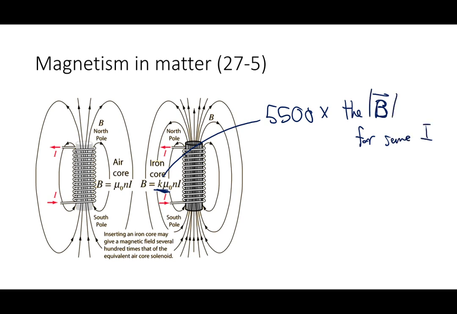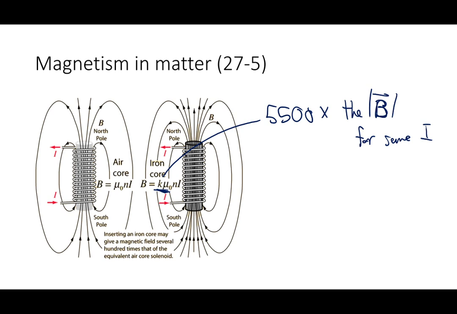You get a much stronger electromagnet if you run the same current through a solenoid, same turns, same geometry, same everything, with an iron core inside versus without. And that's why most electromagnets you see will have an iron core.